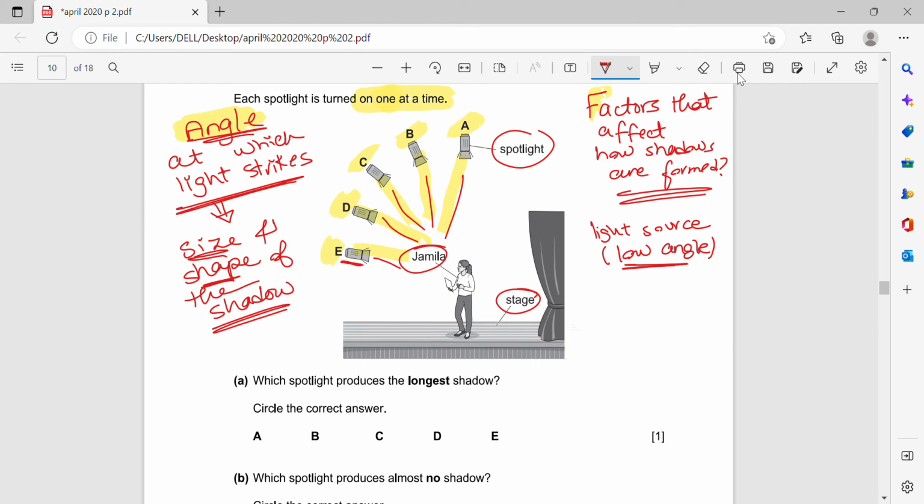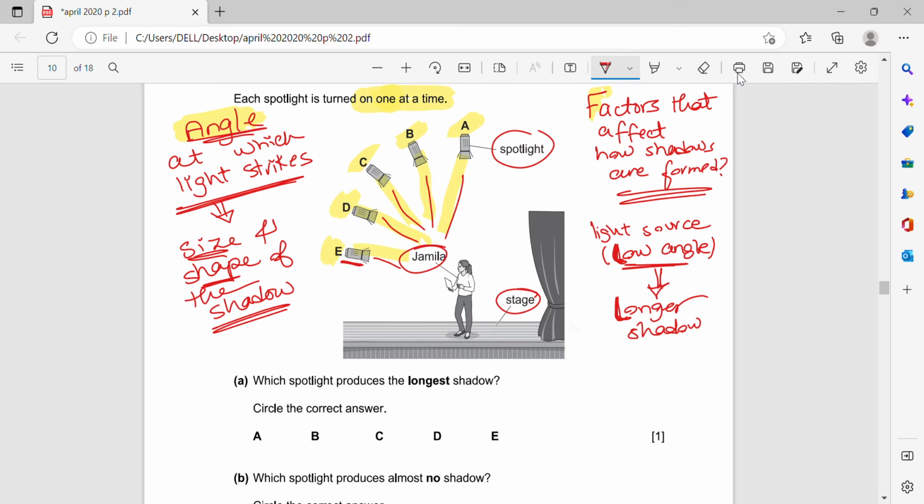For example number E. كل ما كان عندي longer shadow. يبقى كل ما كان عندي light source at low angle عندي longer shadow.